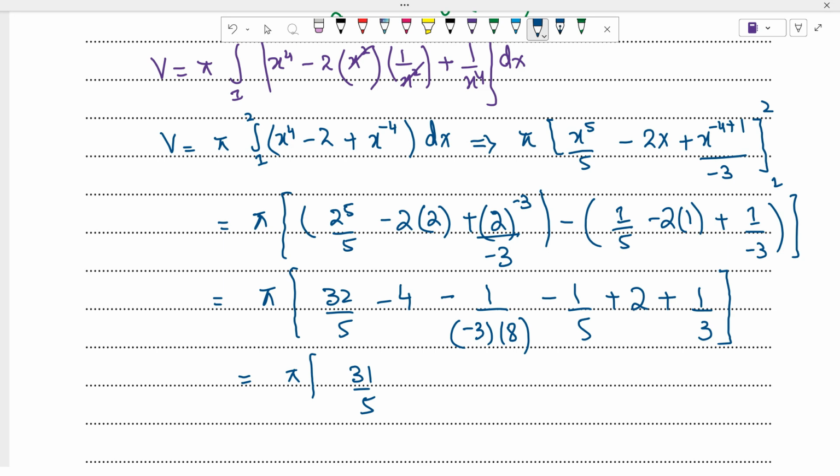Negative 4 plus 2 is negative 2, and sorry, this one is equal to positive. So this one is 1 over 24 plus 1 over 3.